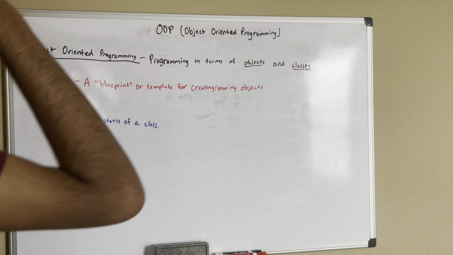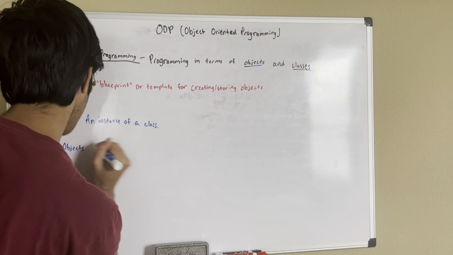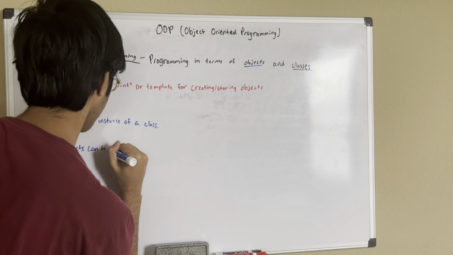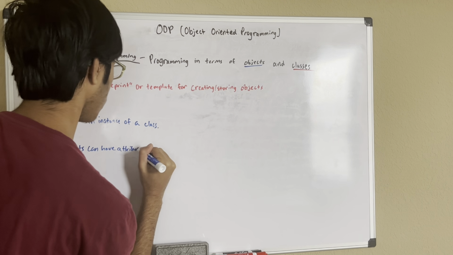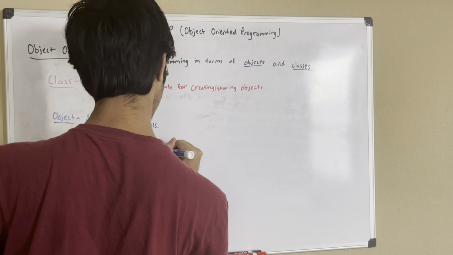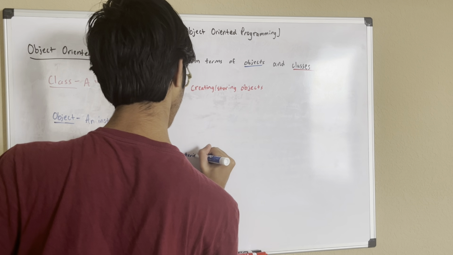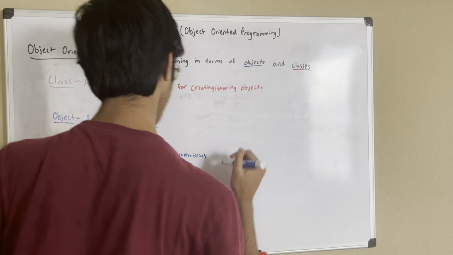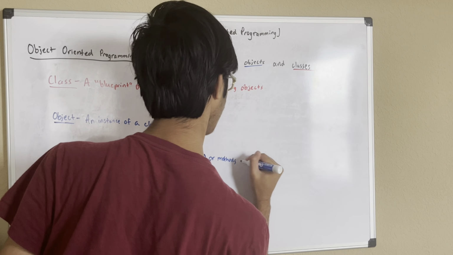So another thing I want to cover. Objects can have attributes, which are their physical characteristics, or methods, which are their behavior.